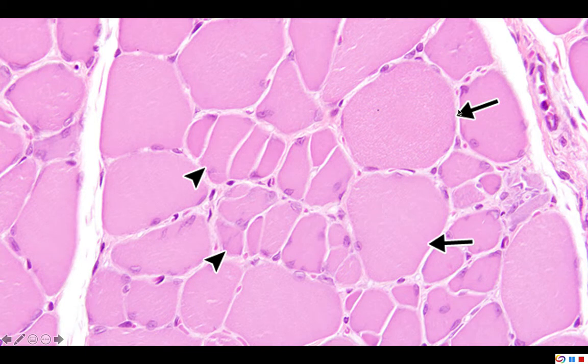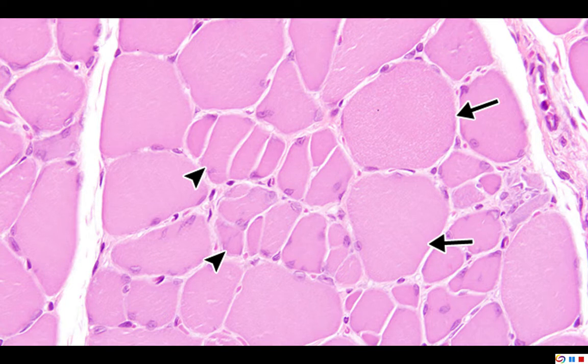These two arrows are pointing to bigger skeletal muscle fibers, whereas these two arrowheads are pointing to smaller muscle fibers. So these are normal skeletal muscle fibers, and these are bigger, hypertrophied skeletal muscle fibers.